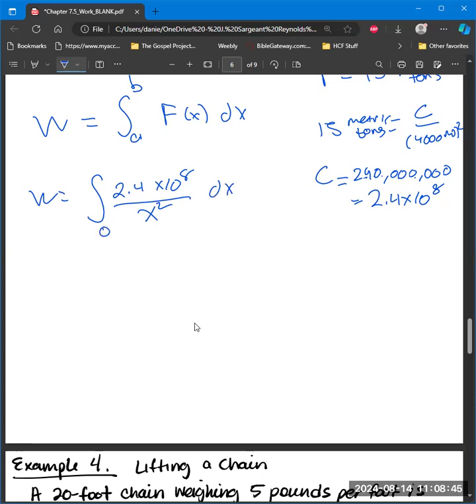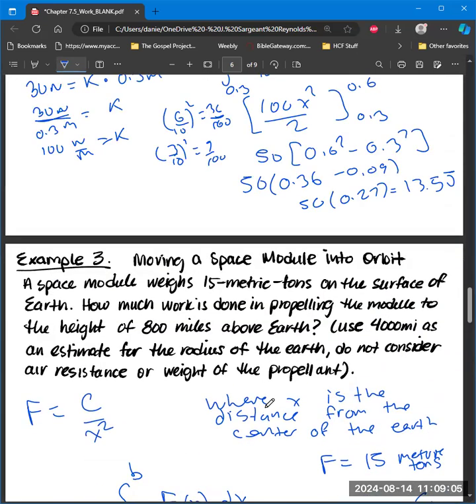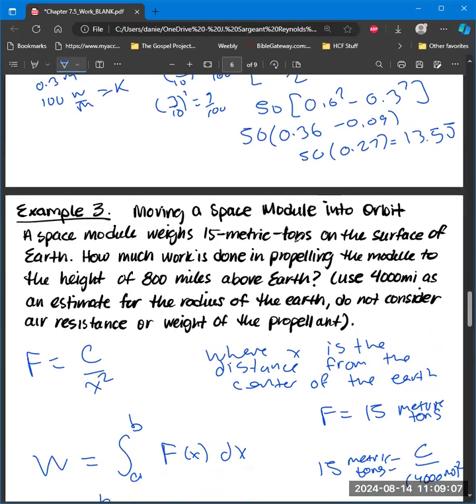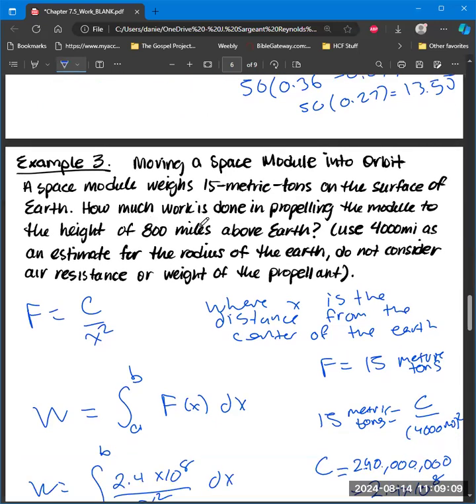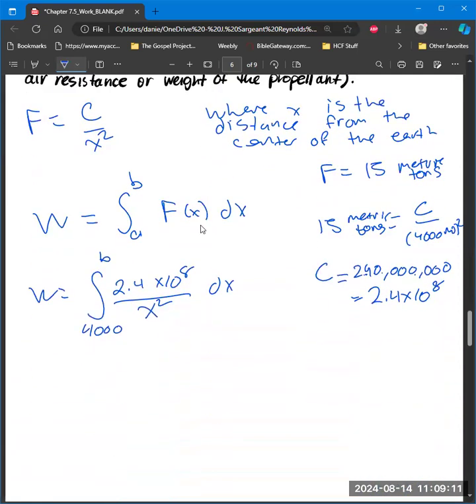Going from A to B, we'll have to figure out what those distances are in just a second. So A is equal to the surface of the Earth, 4,000 miles from the center of the Earth, to, now we want to go 800 miles above. So B is going to be 4,800, like that.